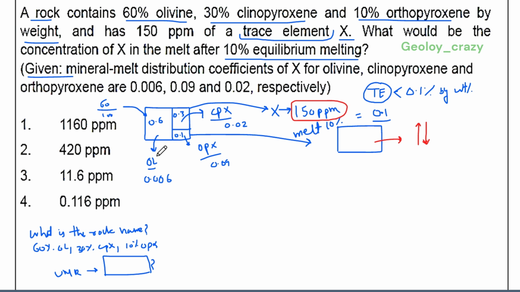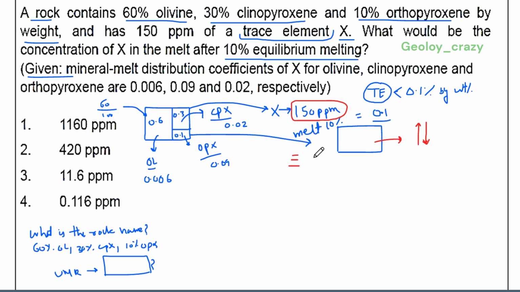Okay, and these trace elements are the incompatible elements. They prefer liquid instead of solid. They will come first from the solid, while we melt this part. So now we are melting this 10%, and maintain equilibrium.